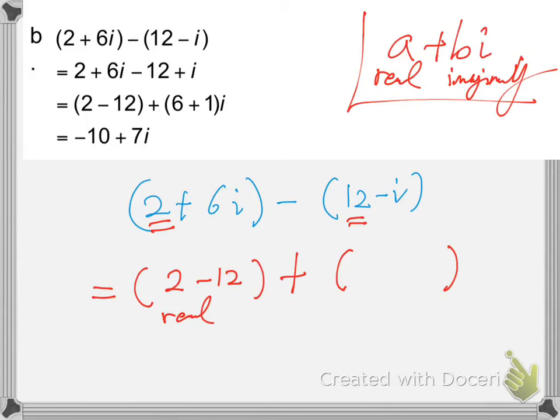The imaginary part here is 6i, so we got a positive 6 here, and minus 1i. So minus 1i. i stands for imaginary part. So this subtraction sign is the subtraction between real parts and subtraction between imaginary parts.